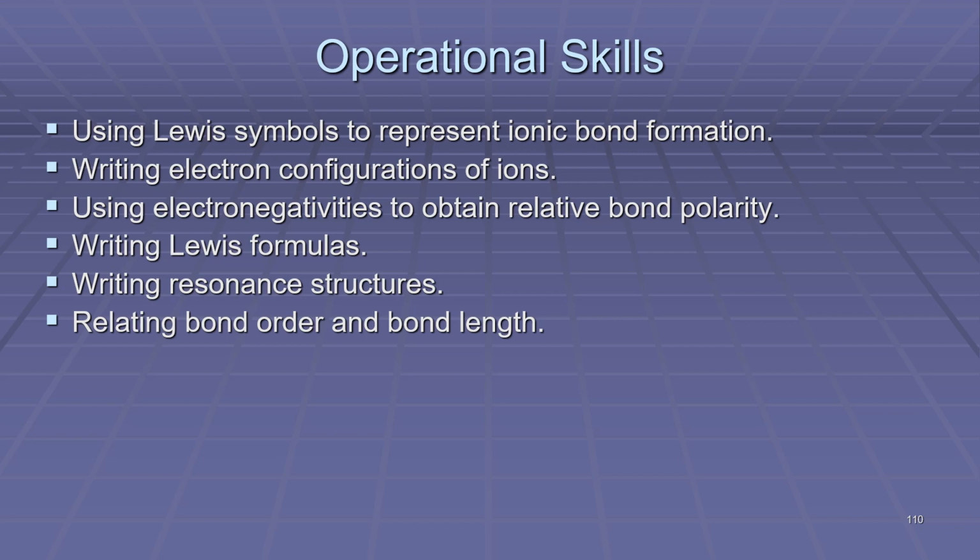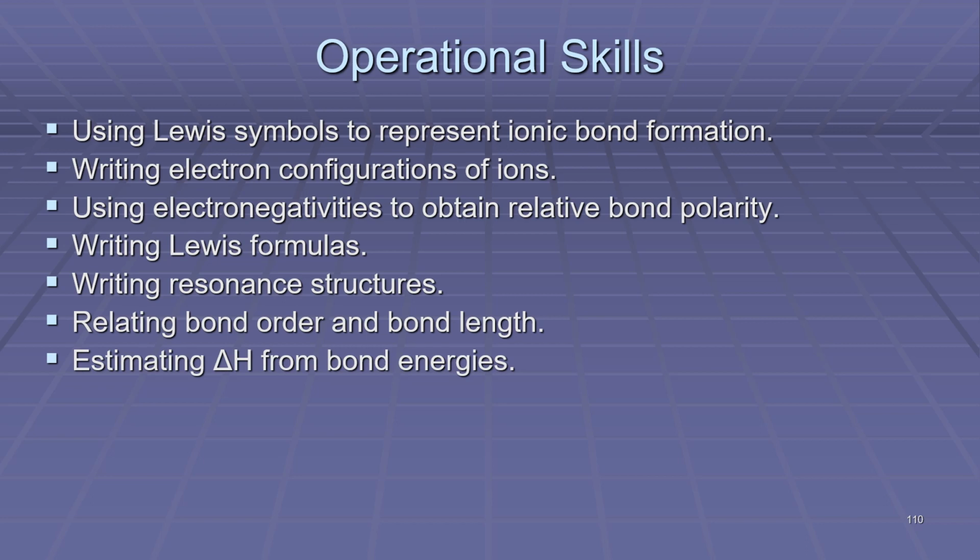First order is a single bond, second order is a double bond, third order is a triple bond. Bond strength goes up as you increase the bond order, and bond length decreases as you increase the bond order.